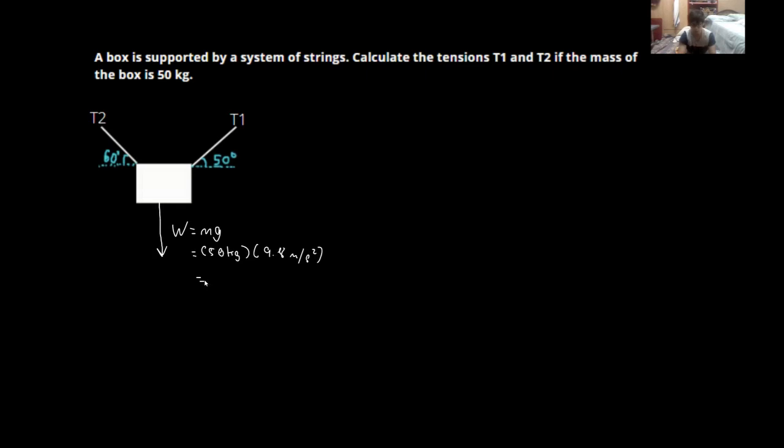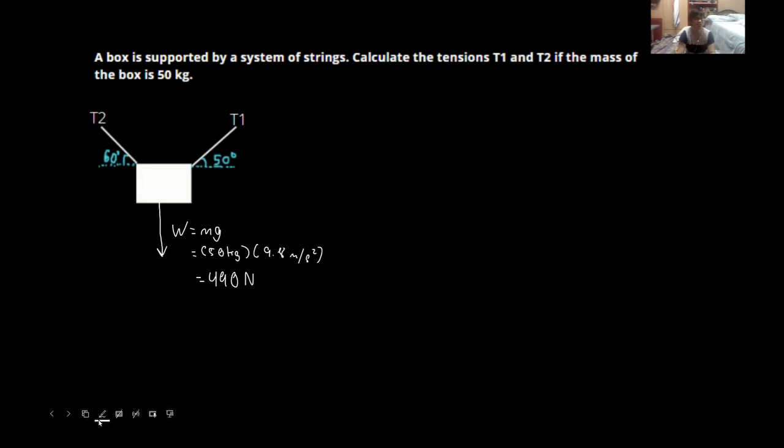So, kung multiply din sila, 50 times 9.8, this is 490. Alright, there you go. This is 490 newtons.